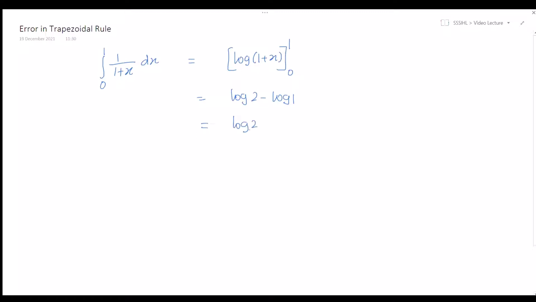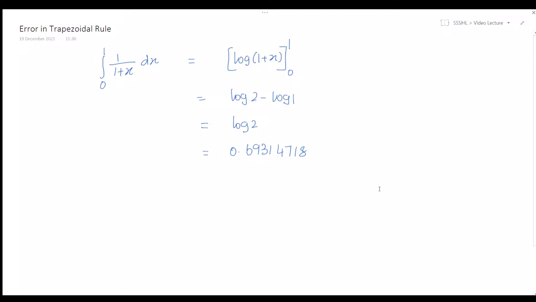Of course in calculus it is to base e, whose value is 0.6931 4718 and so on.